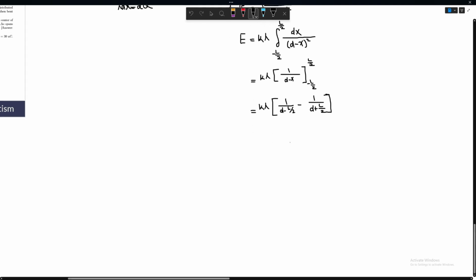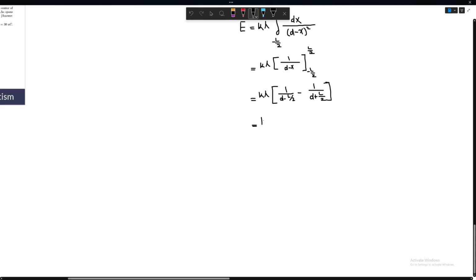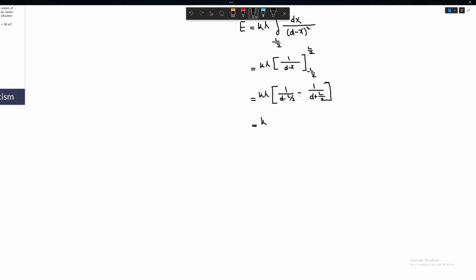Now, if I take this and simplify it, what I'll get is k lambda. Let's get a common denominator here. I multiply this by the top, multiply by the bottom, multiply this by the top, multiply by the bottom.